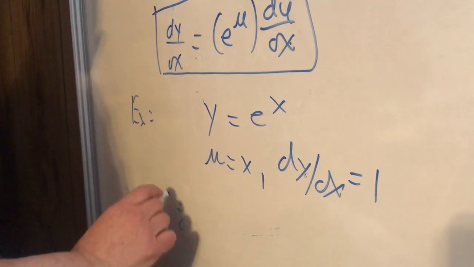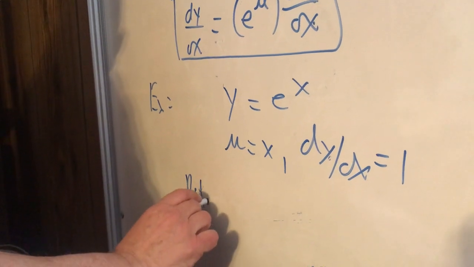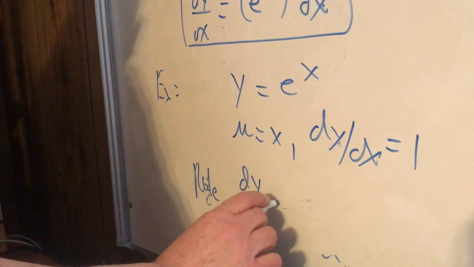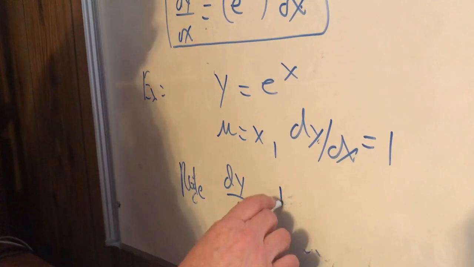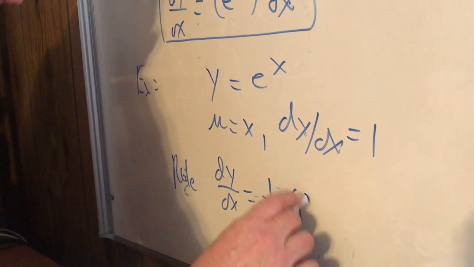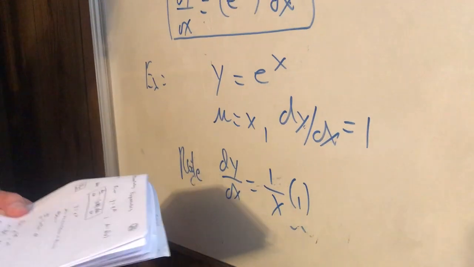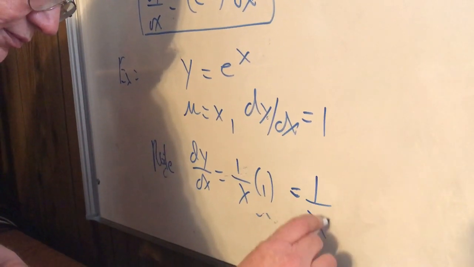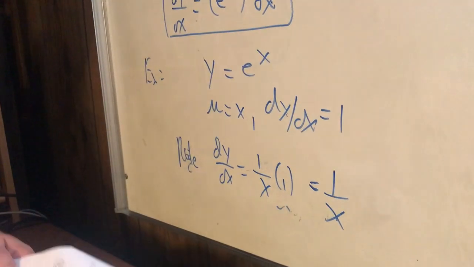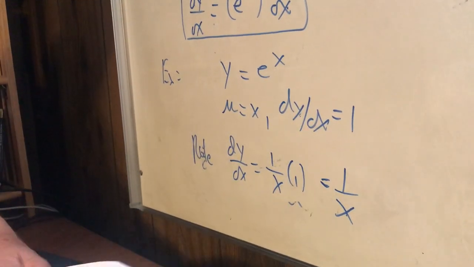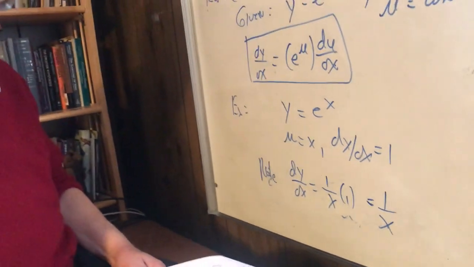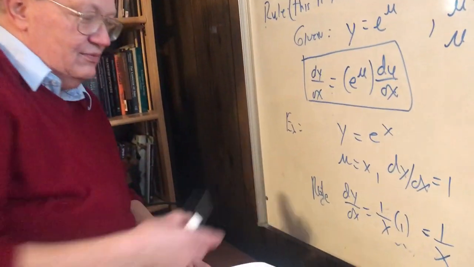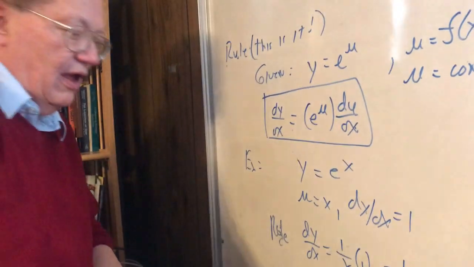So using the rule, we would have dy dx equals 1 over u, 1 over x times 1, or simply 1 over x. But that's not right, is it? Because that's not the rule. Okay, that's the rule for logs.